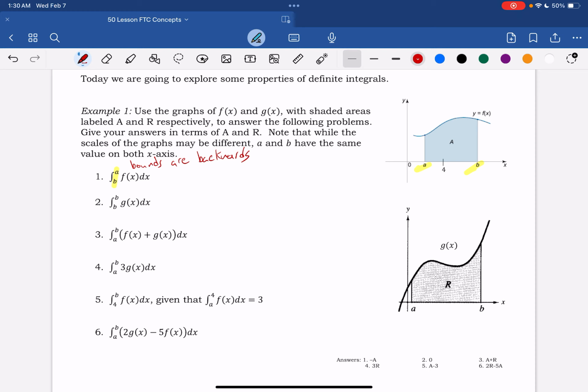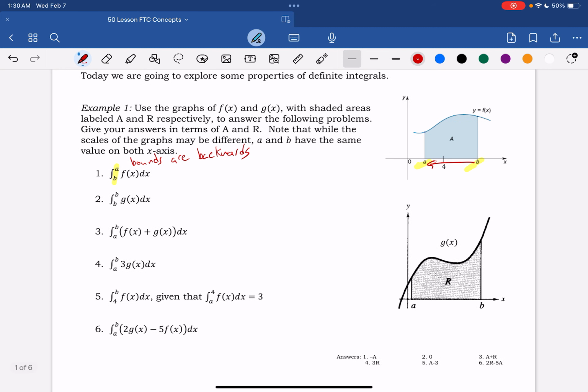But if our region is below the x-axis, then it should actually be positive because the bounds are reversed. Say I'm starting at B and going over to A. The answer for this would be negative A.